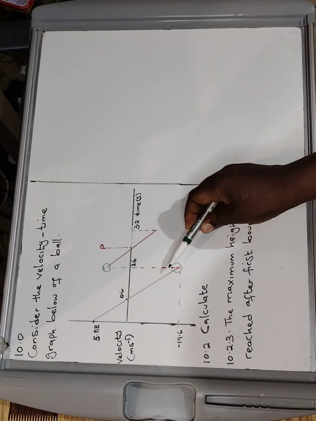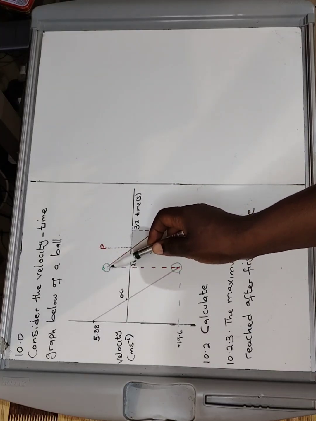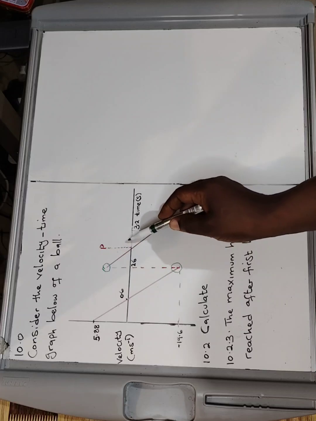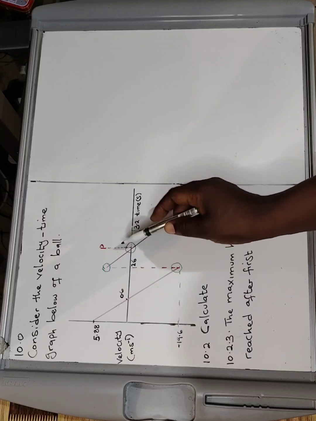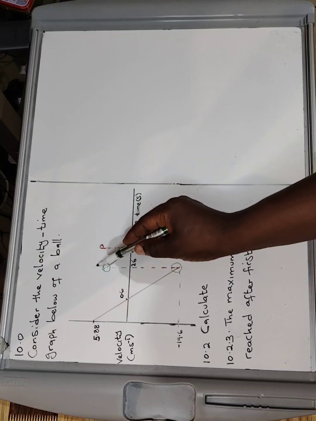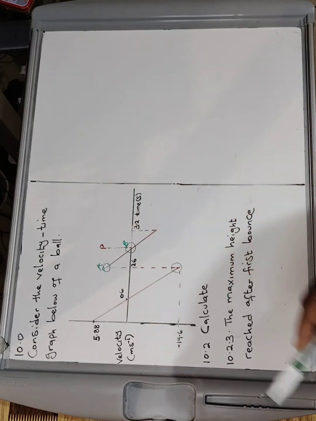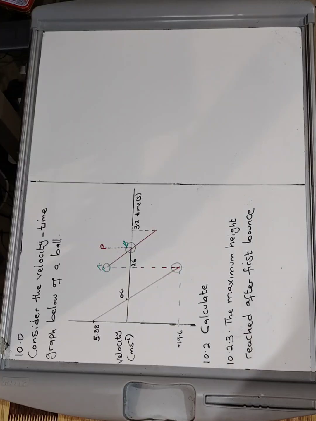Remember, the ball hit here and bounced here. So this is the bounce. The ball moves from that point up to here. So this is our bounce. A to B is our bounce. It bounced until it reached maximum height, and that's what they want here.